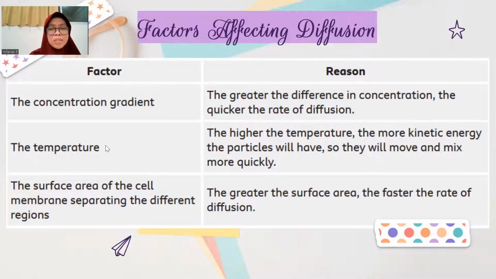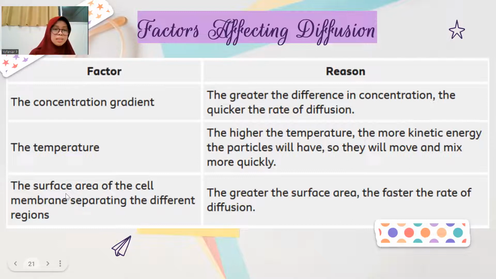Next, the temperature. This is related to the kinetic energy of the particle. Remember, in diffusion, the particle only relies on its own kinetic energy. And the higher the temperature, the more kinetic energy the particle will have. It means they have more energy, they will move quicker, they will move faster. Okay.